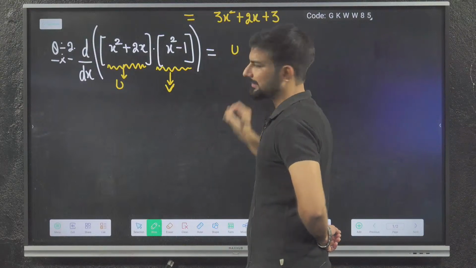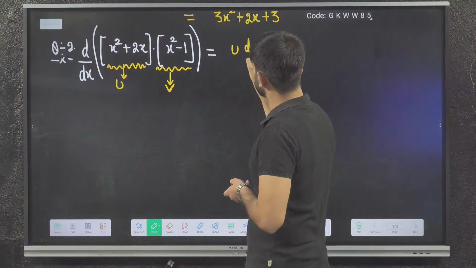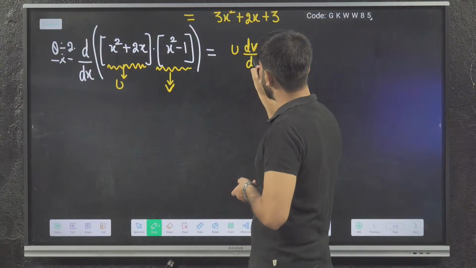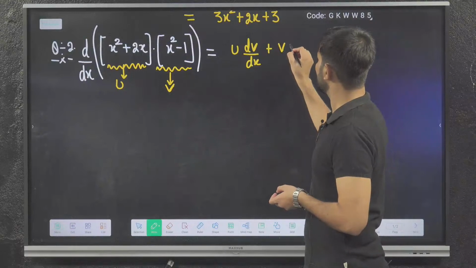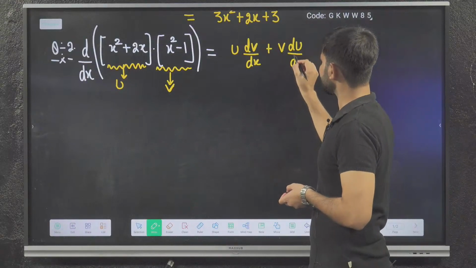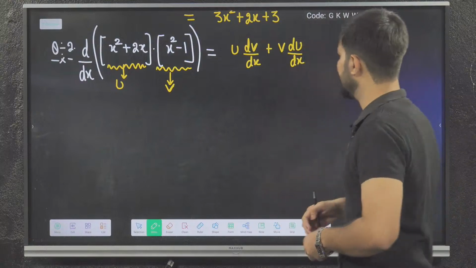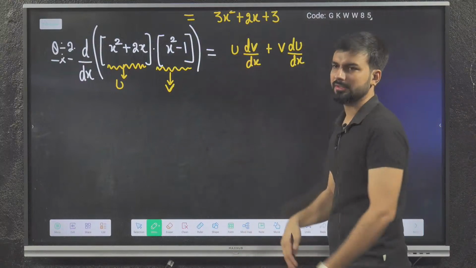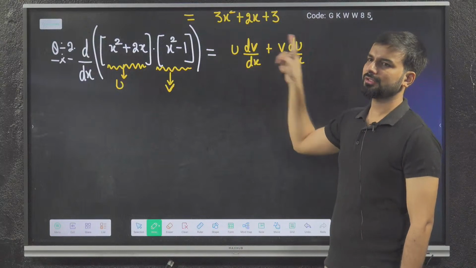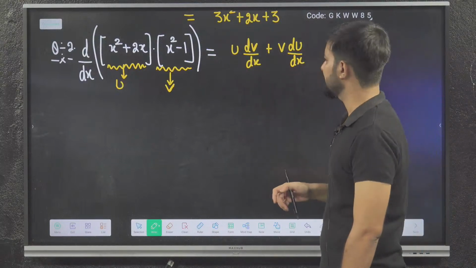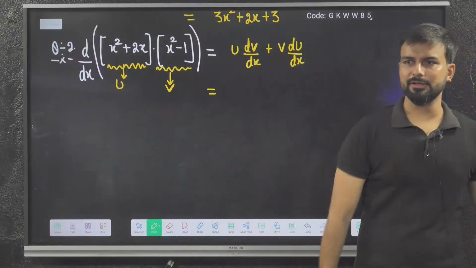First function as it is into differentiation of second function, plus second function as it is into differentiation of first function. This is the formula we are having. Just bring the values and put them here. This is my u, this is my v. Just put the values here and you will start getting the answer. You also do it at your home.